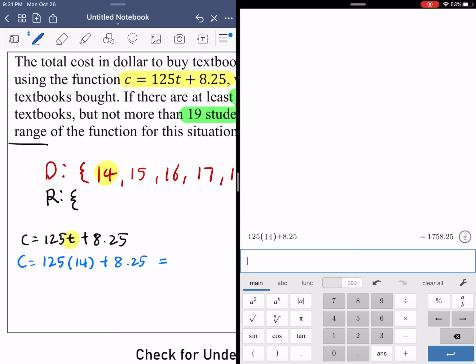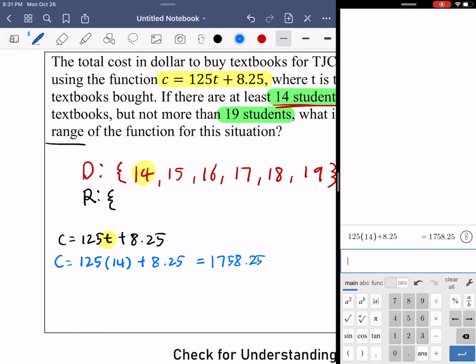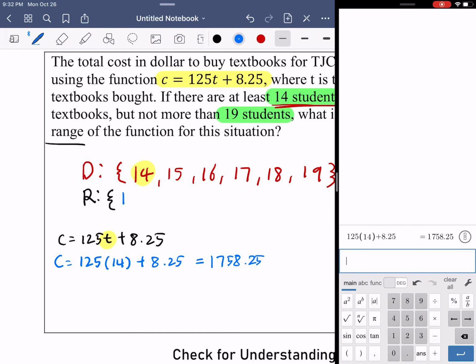We get 1,758.25. So that's the first number we have to write here. Same thing, you do it for every single number.